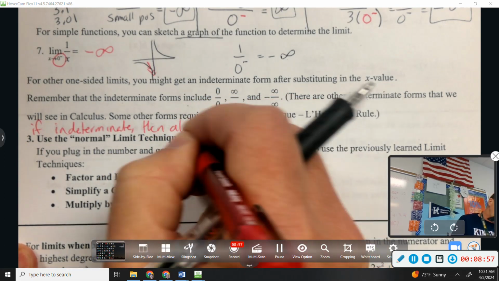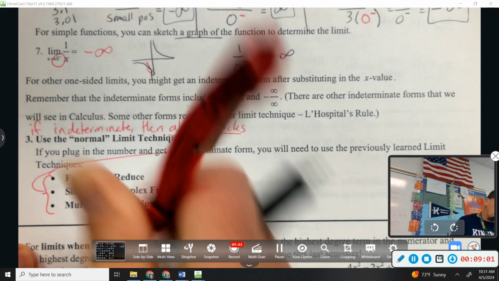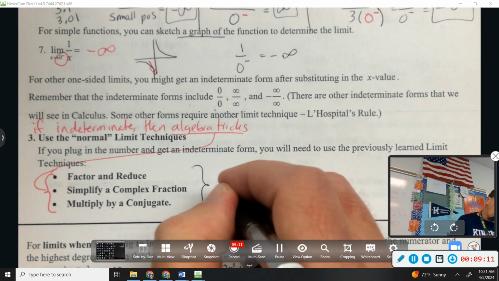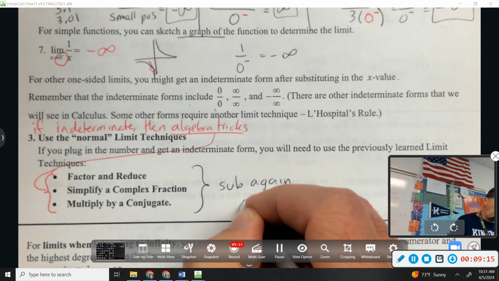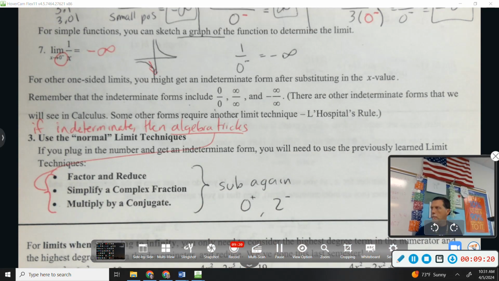So this is what the quiz was on Thursday, working on making sure you could do all those algebra tricks. So it's the same thing. If you get 0 over 0, do your algebra tricks, and then just like on Thursday, substitute again. And maybe it's with 0 plus or 2 minus or whatever. So we can sort of layer these lessons together. You do your algebra trick and then do the one-sided limits.